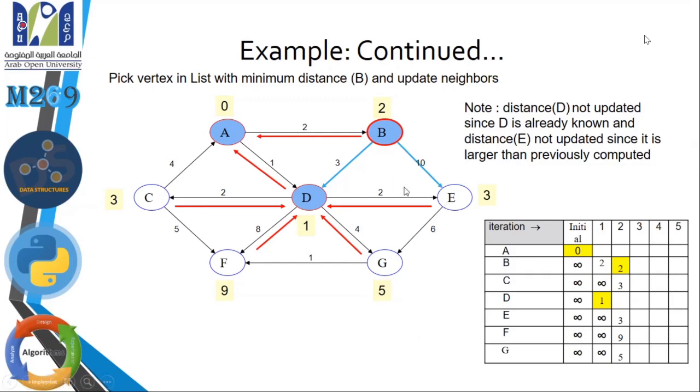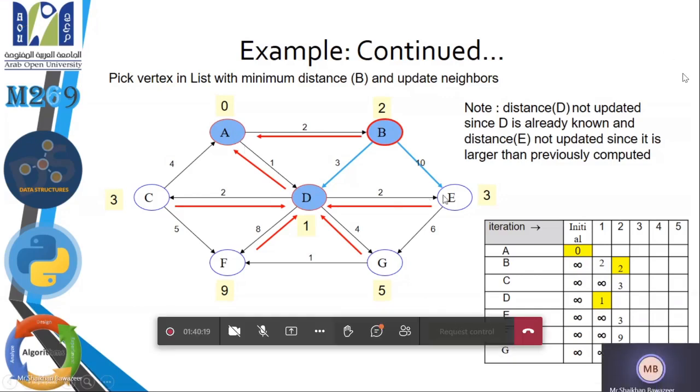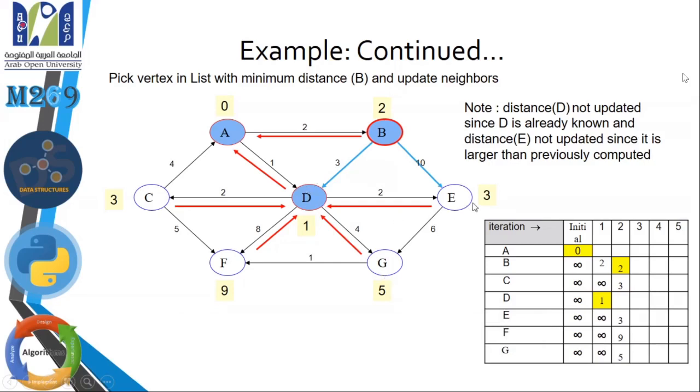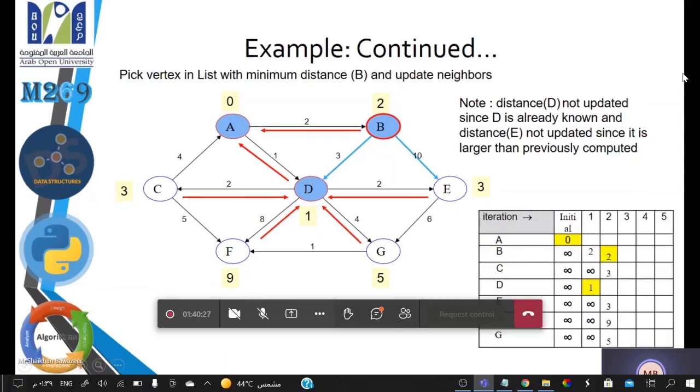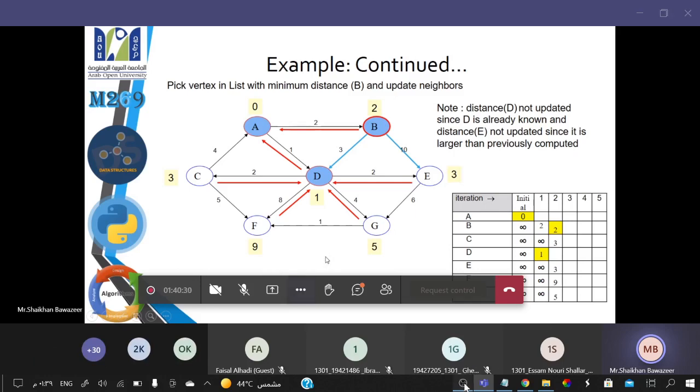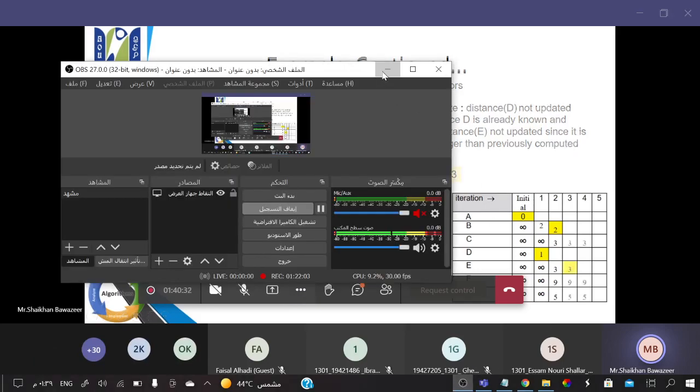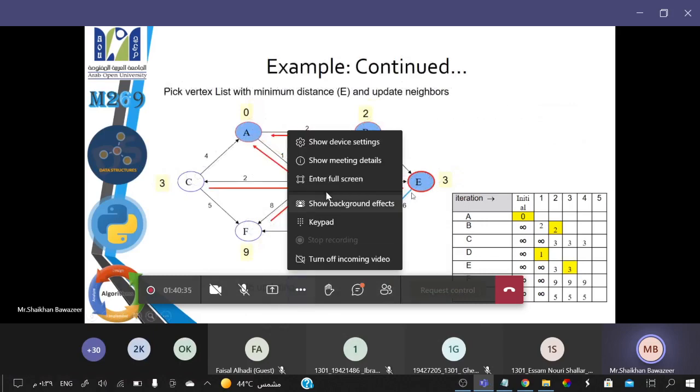If I need to go to G, I can go to D, then go to E, then go to G. It's acceptable. But there is a shorter path, which is go to D, but don't go to E. Go to G directly. So 1 plus 4 is 5. So why should I go to E? Because we are looking for the shortest path. Clear? So no update here. It will remain 5. Now it is selected.